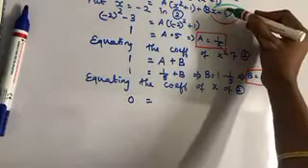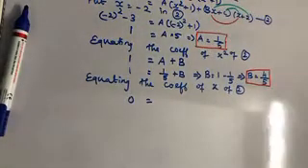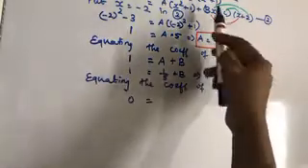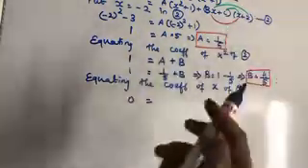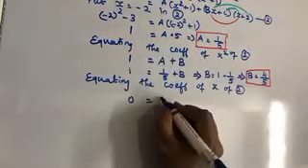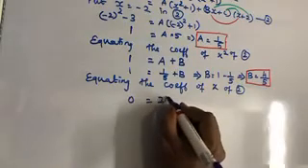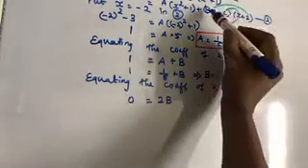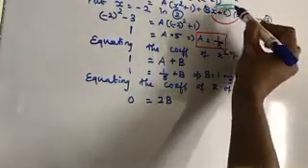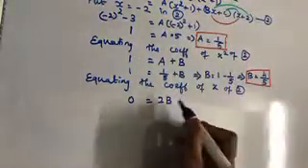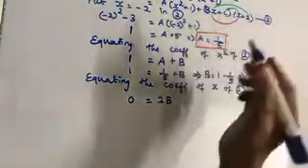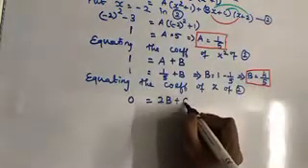If you multiply c and x, there also you get an x coefficient, right? So here bx into 2, that is 2bx. So I write the coefficient of x as 2b, because 2 into bx gives 2bx, so 2b plus c into x, so the coefficient is c.